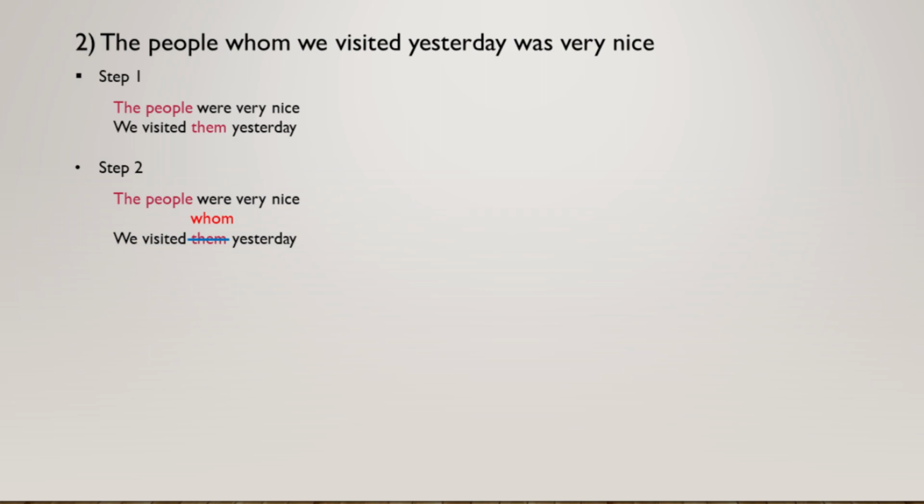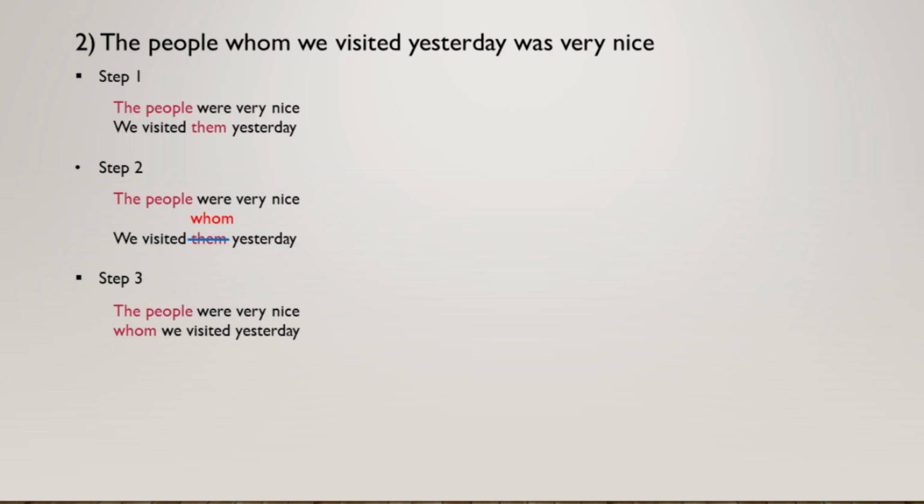We can remove them and replace them with whom. We visited whom yesterday. And the next step: if the adjective clause requires a connecting word or a relative pronoun, it needs to begin with it, so move it to the front. So we have to move whom to the front of the sentence.